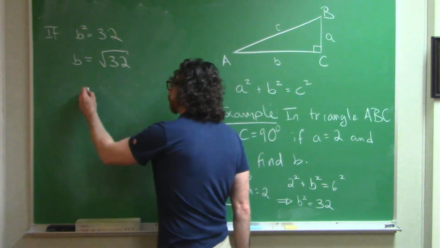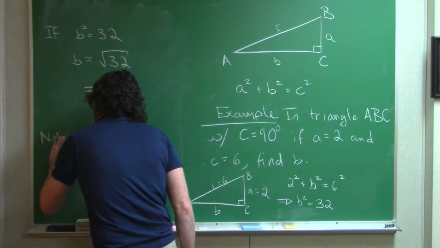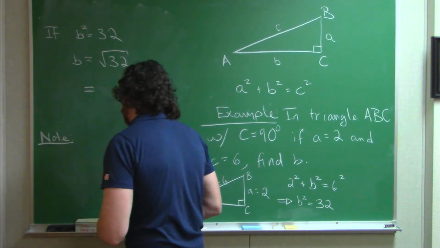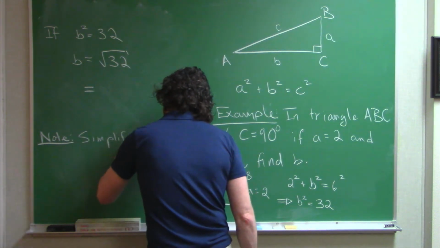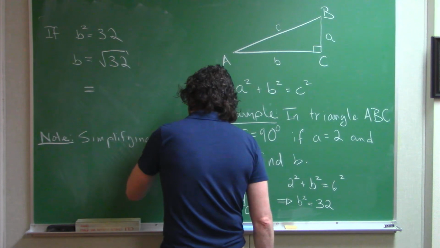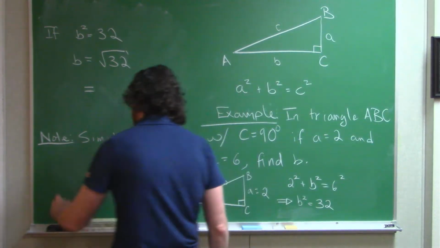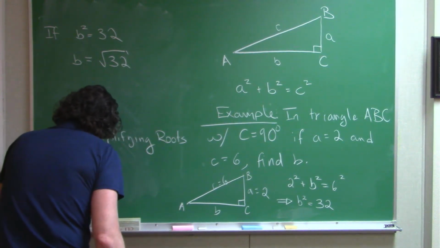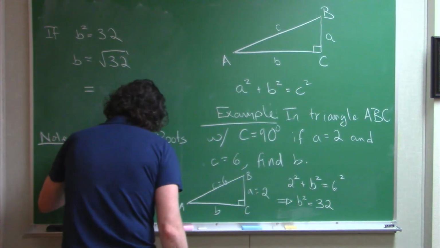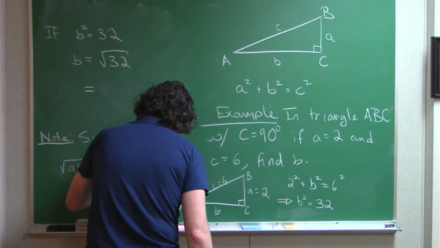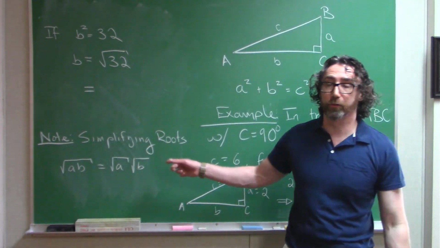Now let me make a little note here about simplifying square roots. Square roots behave very nicely with respect to multiplication. In other words, the square root of a product is equal to the product of the square roots. That comes from rules for exponents.